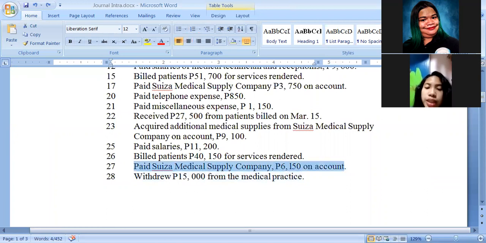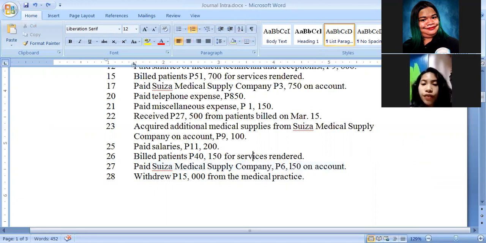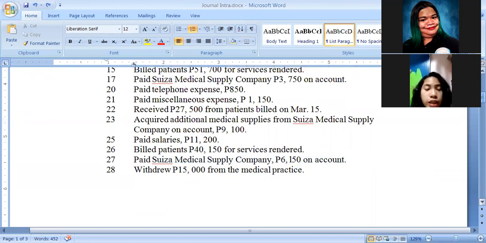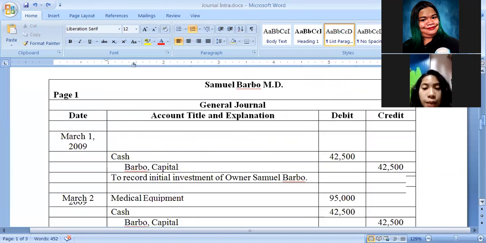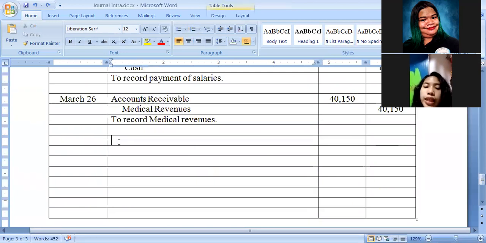On March 27, paid Suiza Medical Supply Company in the amount of 6,150 on account. So si Samuel nibayad na siya sa Suiza Medical Supply Company in the amount of 6,150 on account. So we're going to put again the date, which is the March 27.